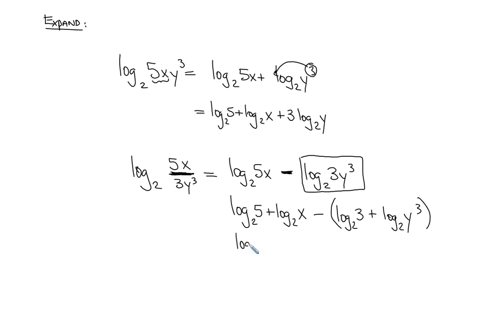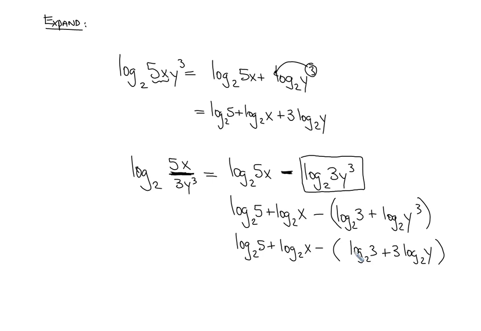Now we can make this into log base 2 of 5 plus log base 2 of x minus parentheses log base 2 of 3. What does this now become? 3 log base 2 of y. Now, would we be done here? Actually, you could be.